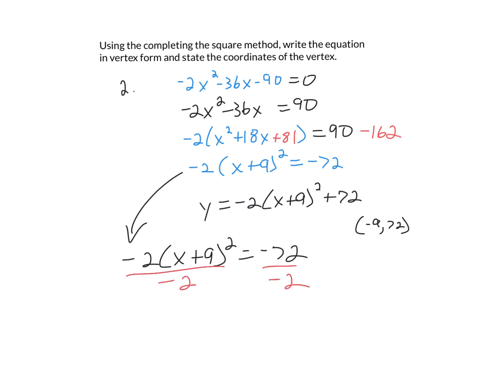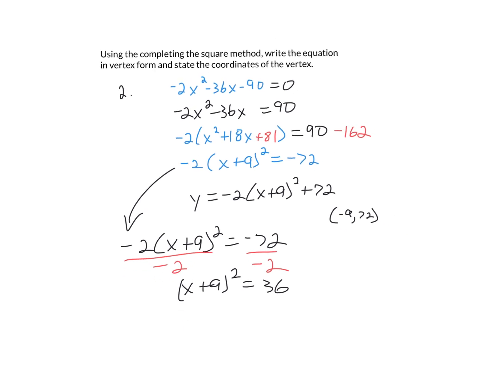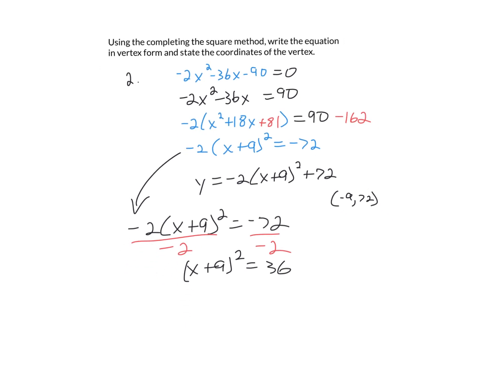All right, so when we divide by -2, the left side is just going to be the x plus 9 squared equals 36. Now, to solve that, I'm going to be taking the square root of both sides. Well, the square root of x plus 9 squared is x plus 9.